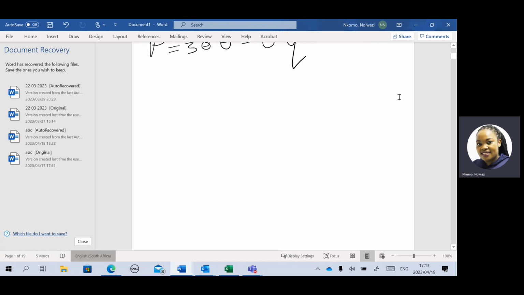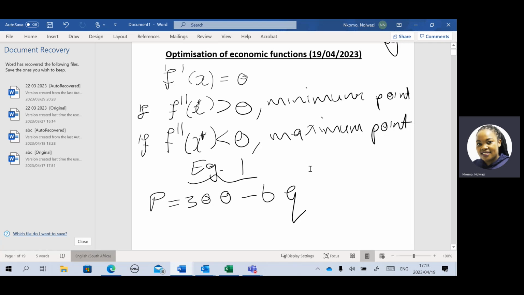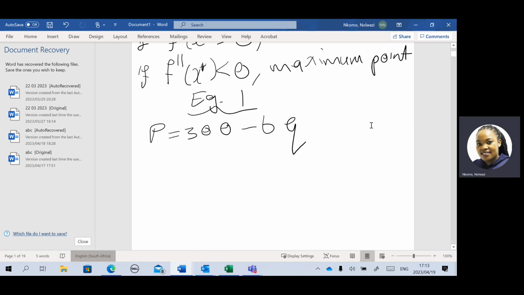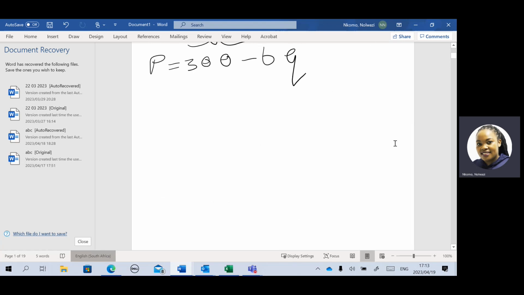Remember, I said we are applying this information to our equations, and our equations are the total revenue, the profits, and total cost. So here, suppose we are trying to maximize the total revenue.